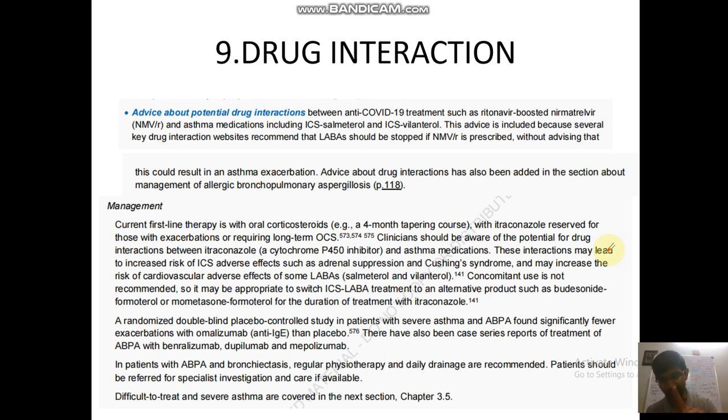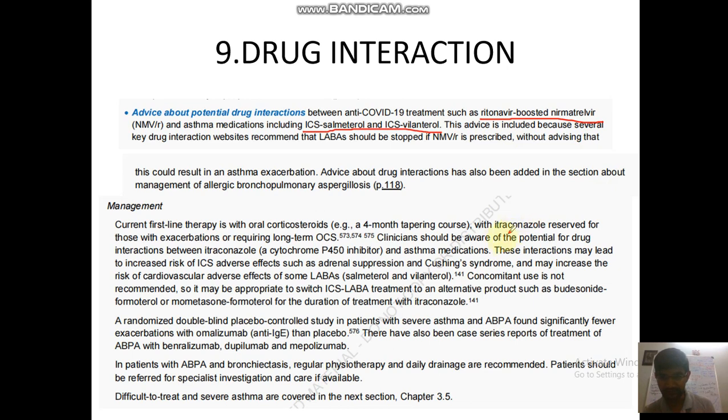One is regarding COVID-19, second is ABPA. In a COVID-19 patient, where you are using ritonavir boosted treatment, nirmatrelvir, there is an interaction with ICS with salmeterol, and with vilanterol. So we ask the patient to shift to ICS with formoterol, who are using this ritonavir boosted treatment. That is the first important drug interaction.